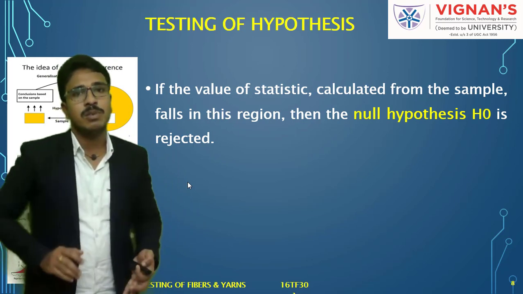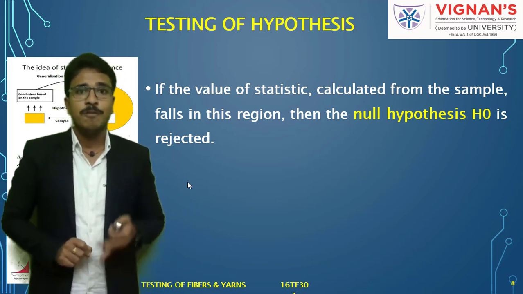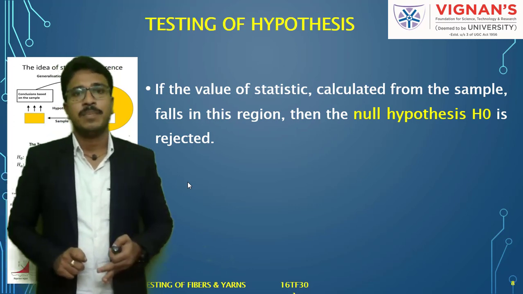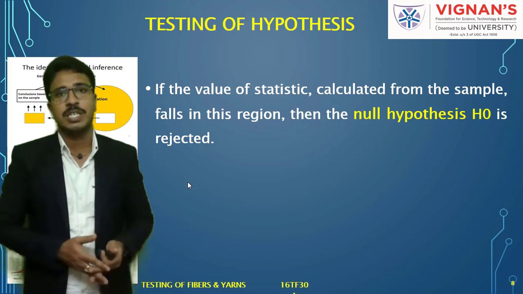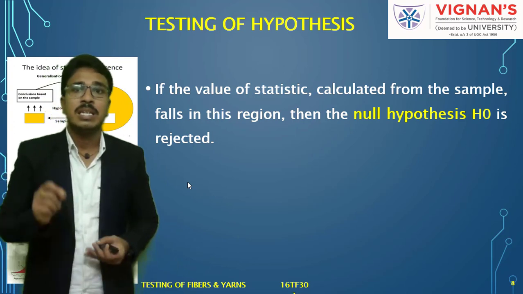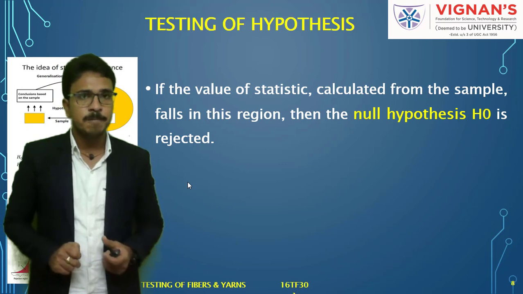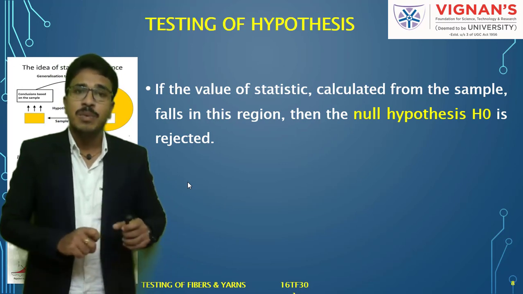That value is called the statistic. If the value of the statistic falls in this critical region, then the null hypothesis is rejected.